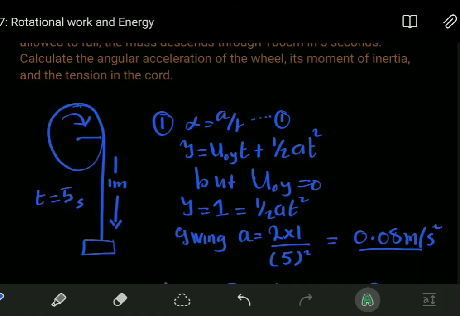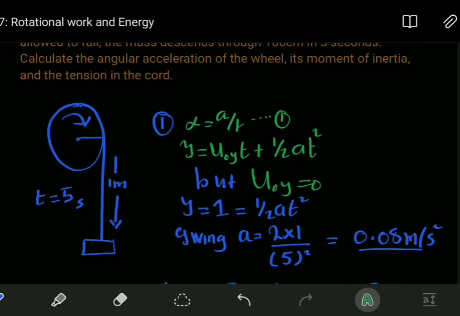Okay, so angular acceleration, we know it's given as a over r. That's our equation 1. In this equation, we have one unknown. Then we can use this equation to find our acceleration, a, where y is simply the distance, which is 1 meter, and the initial speed in the y direction is 0.